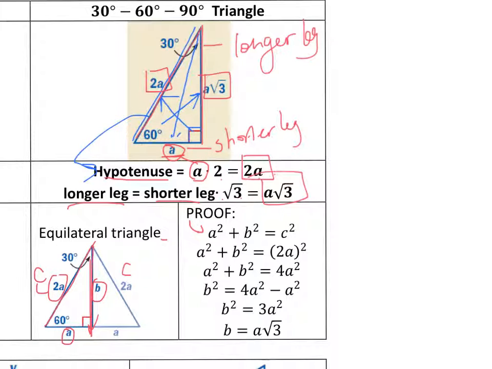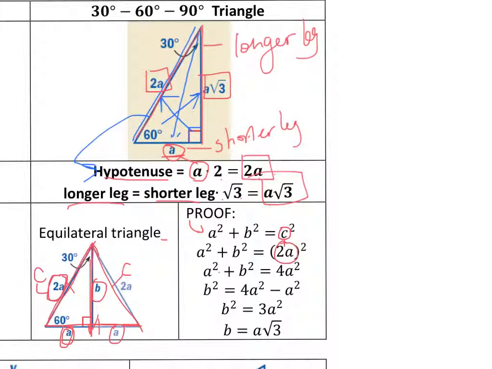So I can substitute c for 2a. Why is this 2a? Because this is an equilateral triangle. If this is a and this is a, then the entire length will be 2a, and all sides should be equal to each other. That's where I got 2a.